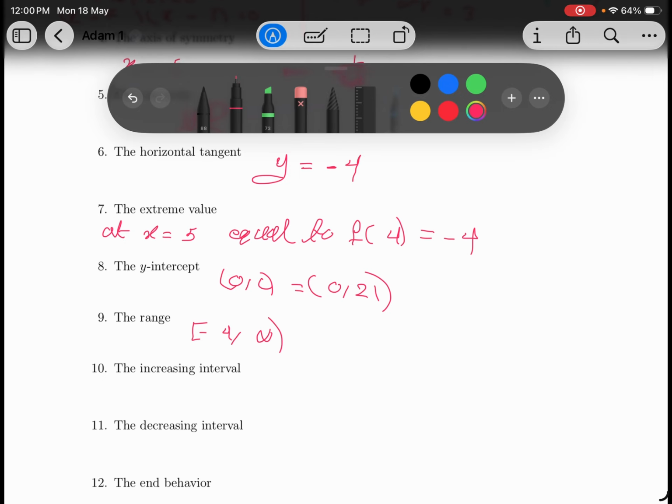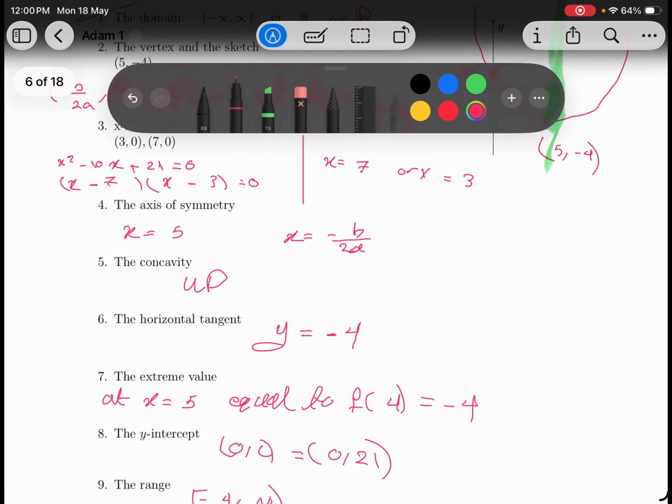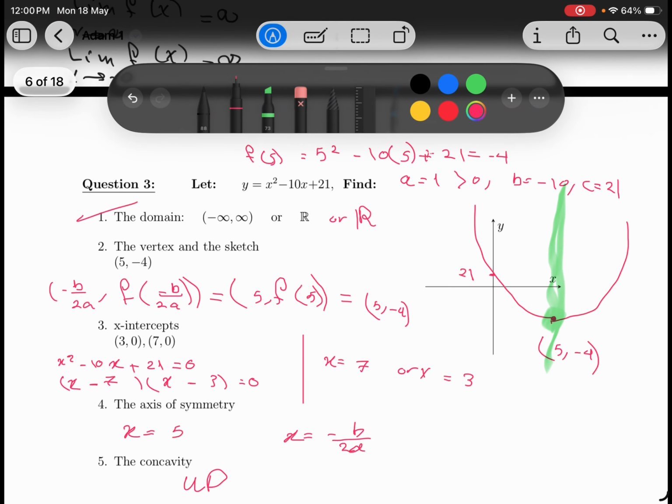This is the range. Okay, and the increasing interval, I will clean this. So it's increasing over this sub-interval here. Okay, so this increasing is not from minus 4, please, because we are taking increasing and decreasing with respect to x.